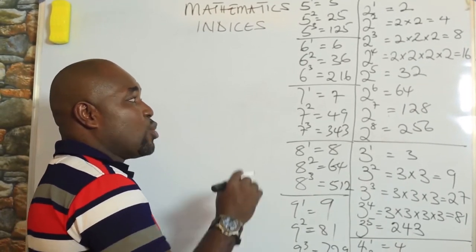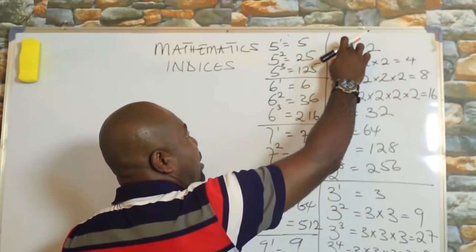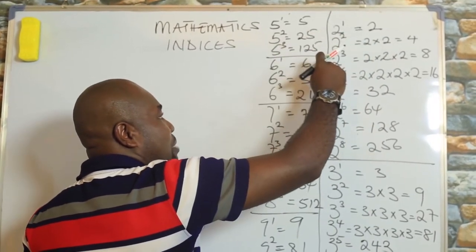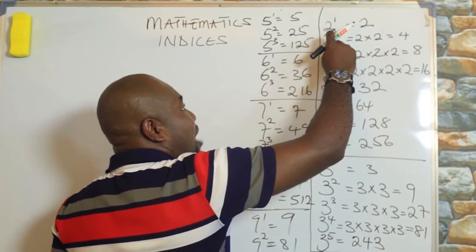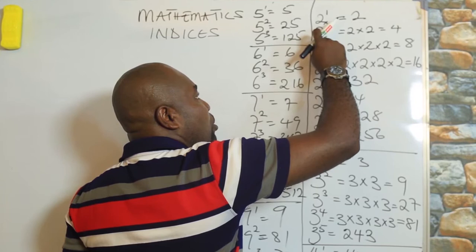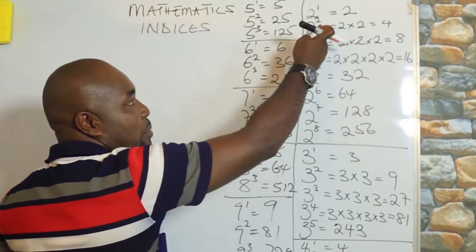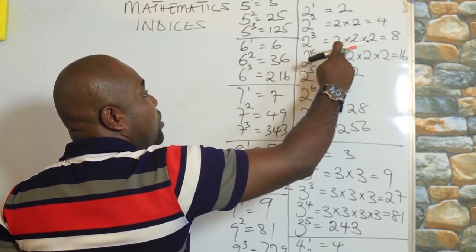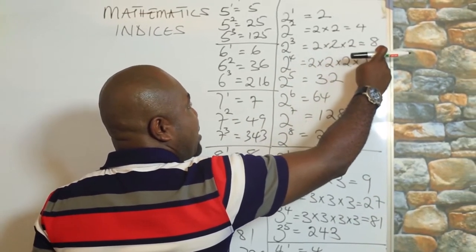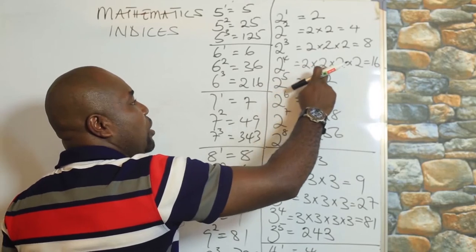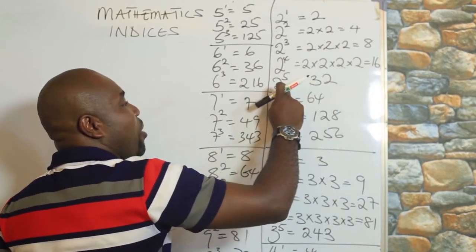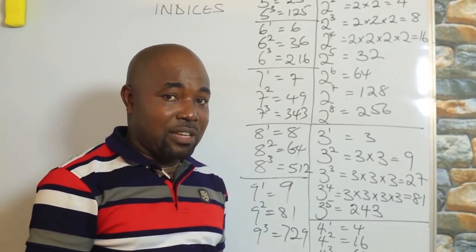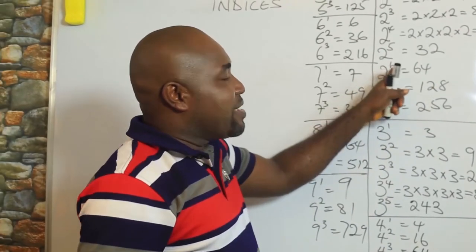This is what we call the index notations. 2 raised to power 1 is equal to 2. 2 raised to power 2 means 2 times 2, which is 4. 2 raised to power 3 means 2 times 2 times 2, which is 8. 2 raised to power 4 means 2 times 2 times 2 times 2, which is 16. 2 raised to power 5, multiplying 2 five times, is 32. 2 raised to power 6 is 64.